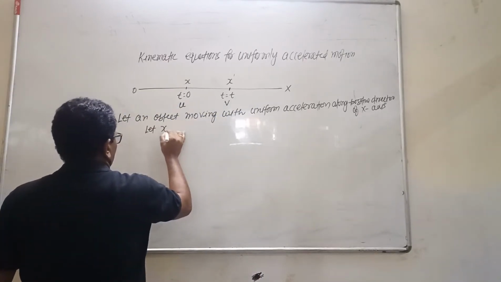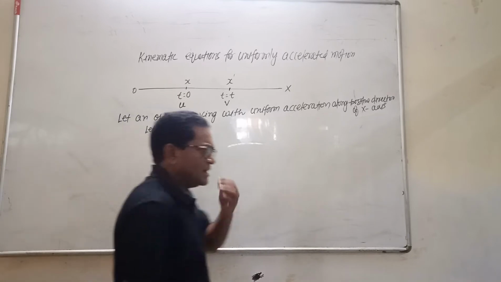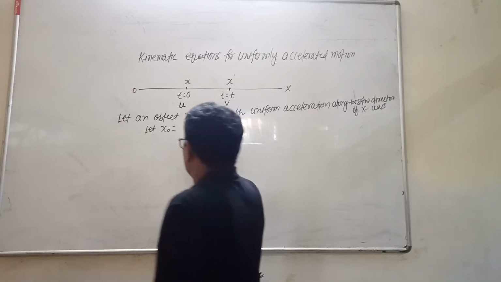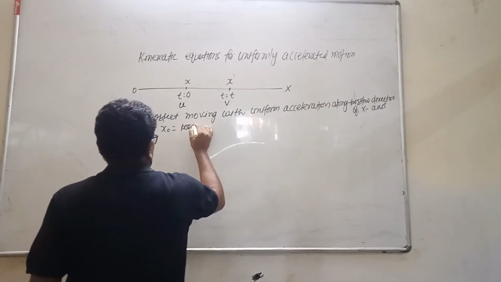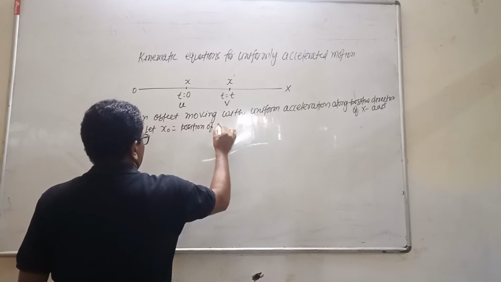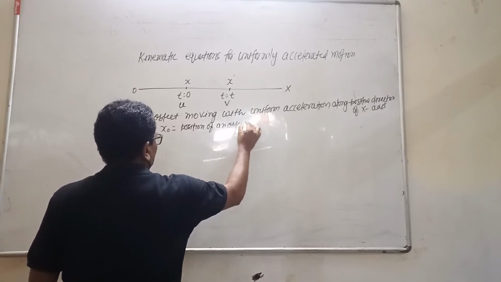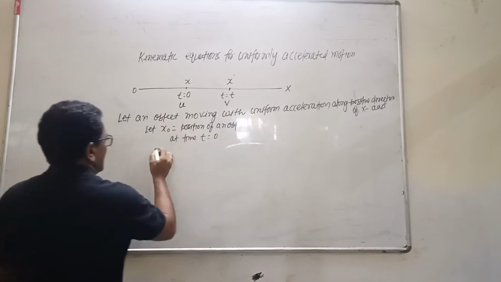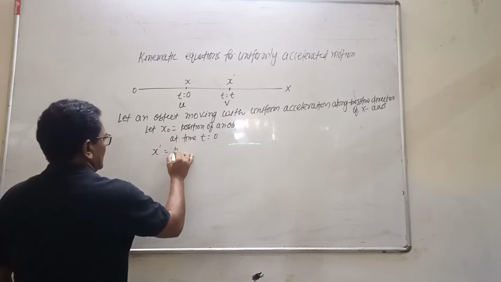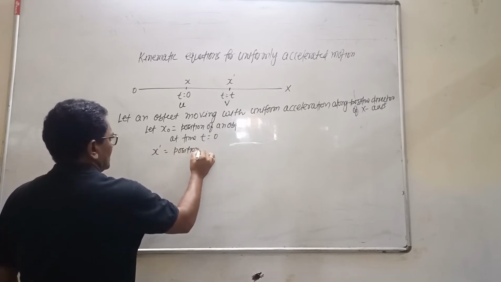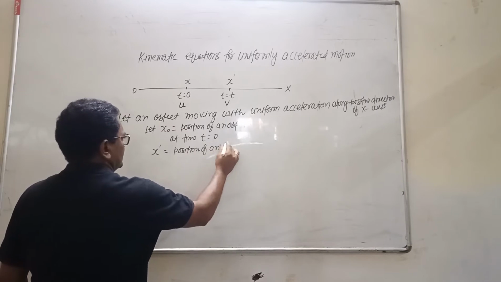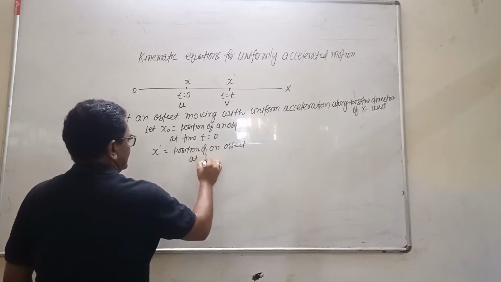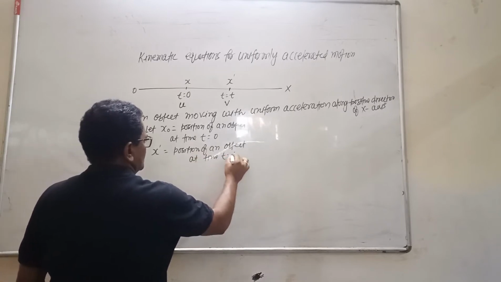Let x naught be the position of the object at time t equals 0, and x dash be the position of the object at time t equals t.